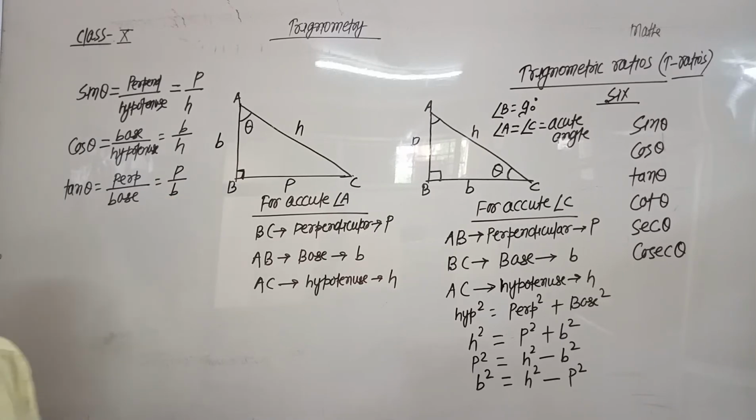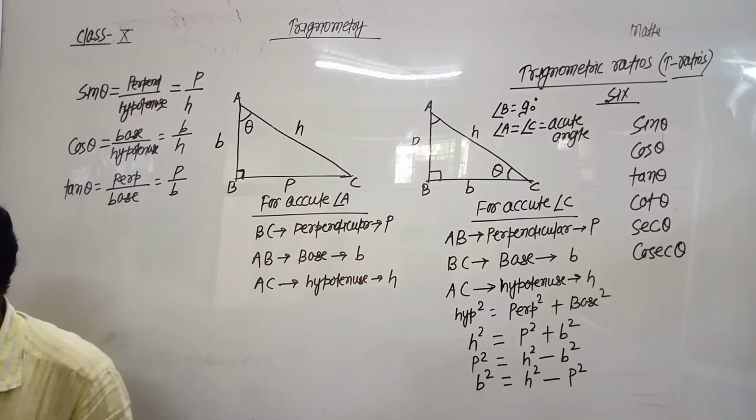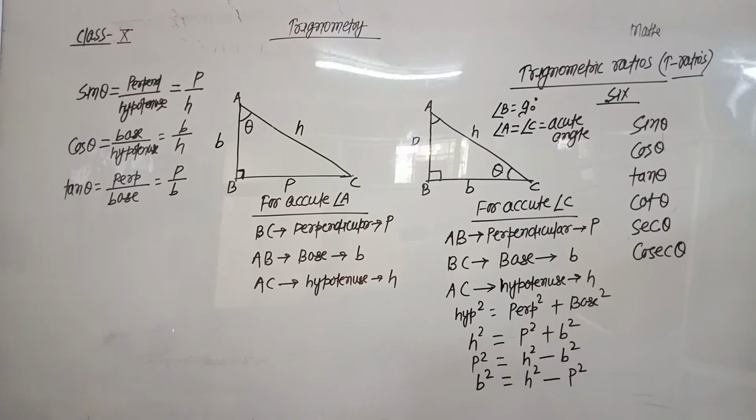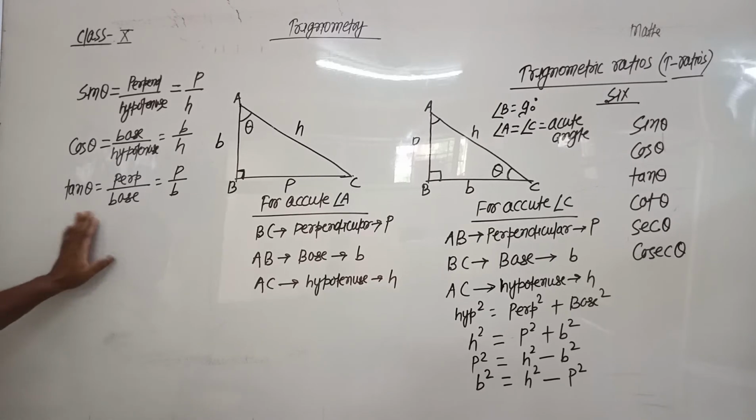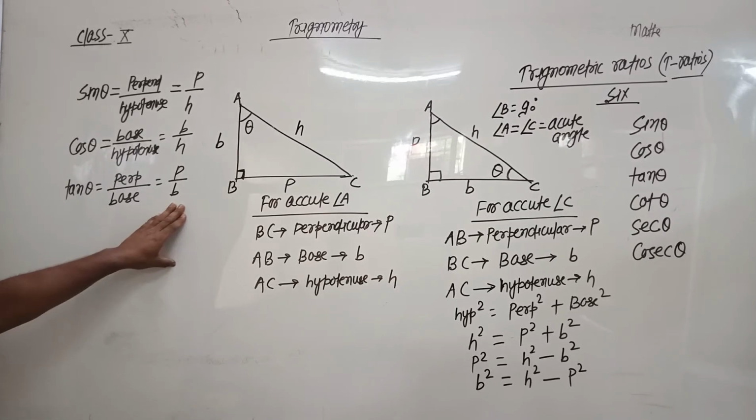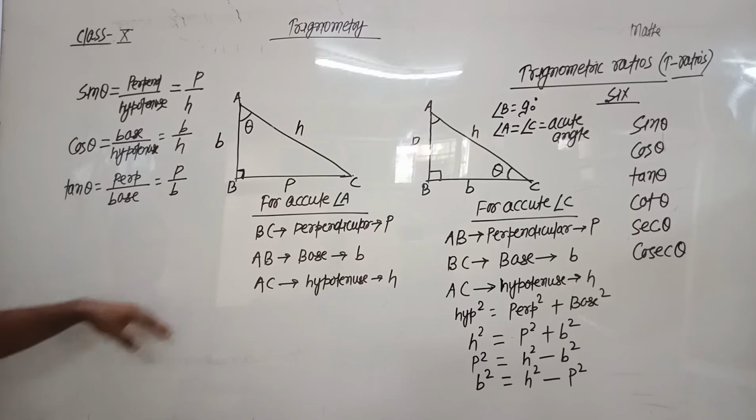We have to learn only these three formulas: sin theta perpendicular upon hypotenuse, cos theta base upon hypotenuse, and tan theta P upon B, perpendicular upon base.